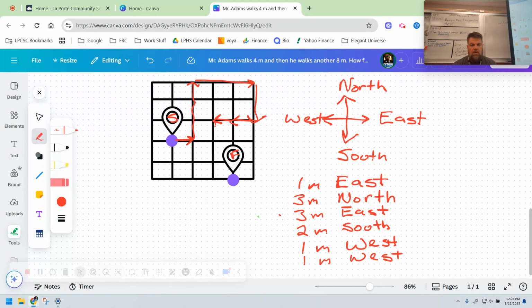Then I'm going to go south 3 meters. Then I'm going to go 1 meter east.